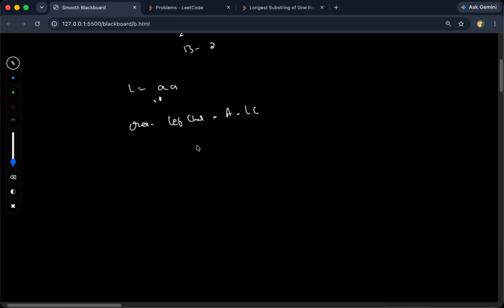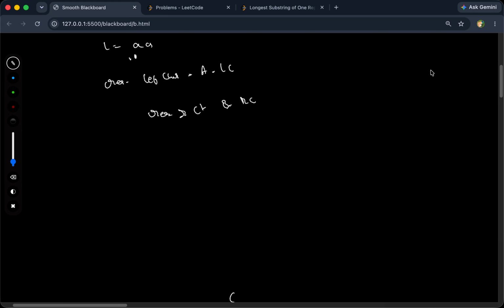Now we find right character. res.right character is equal to b.right character. The last character of the parent comes from the last character of the right child. Now we find prefix.